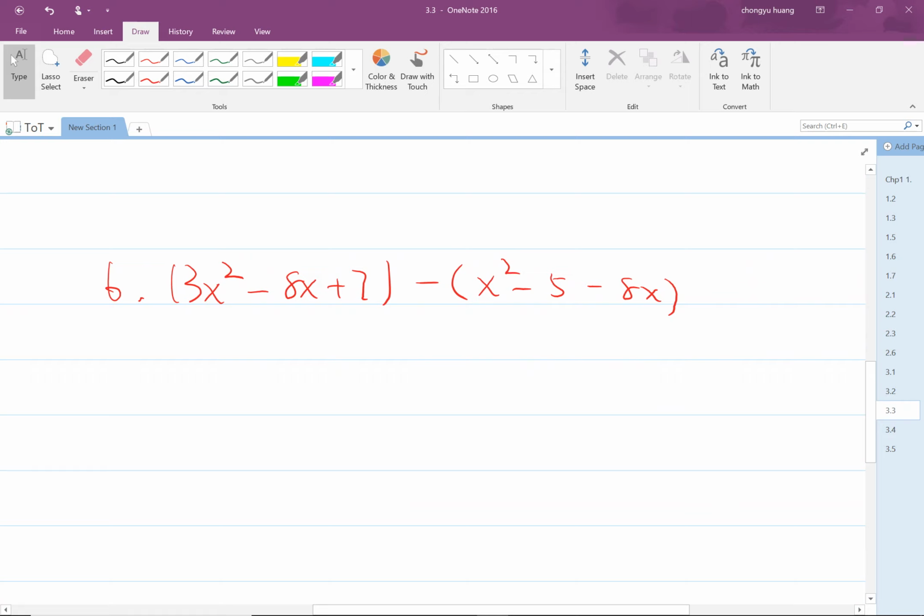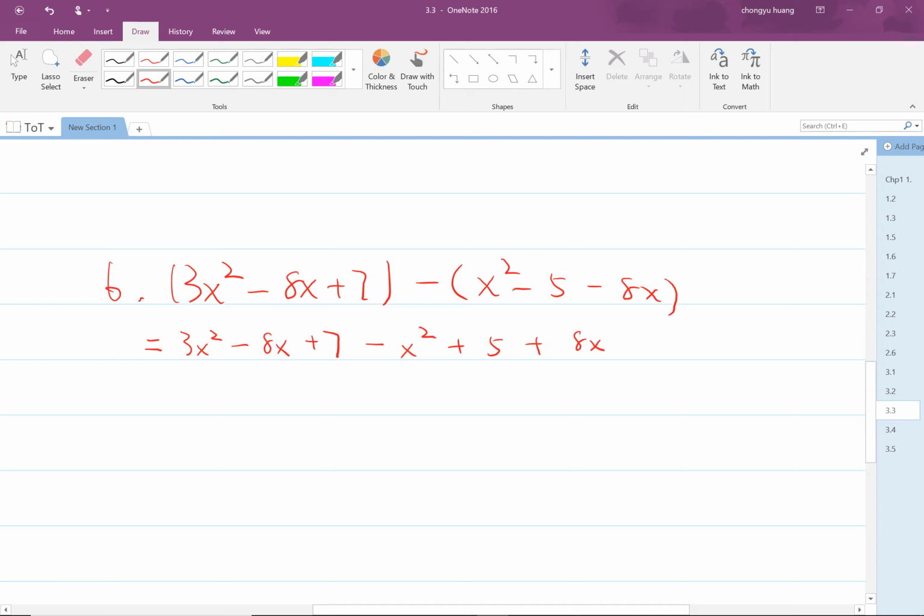So question 6, you look at the question, it's really similar, right? So we have to put in the thing out of the bracket first, always. So we have 3x squared minus 8x plus 7, right? And then we have minus x squared and then plus 5, and then we have plus 8x, right?